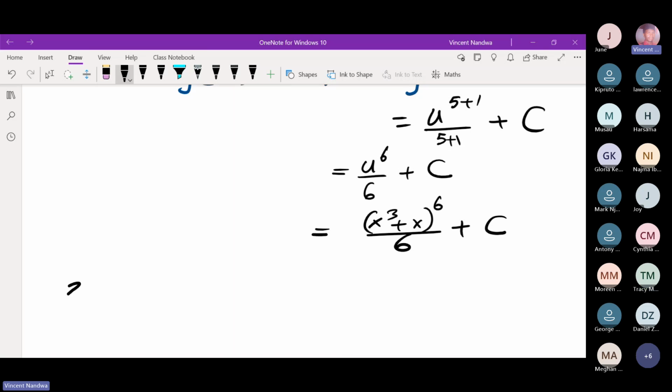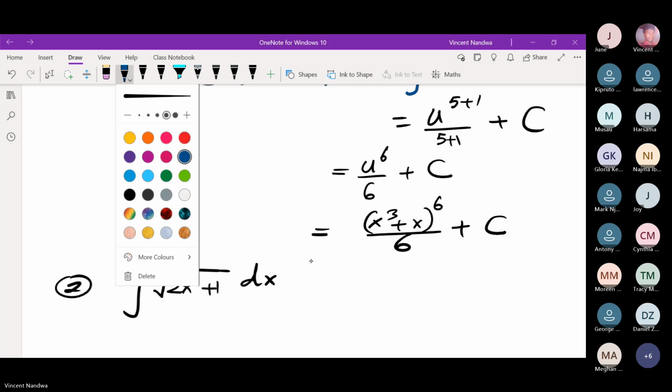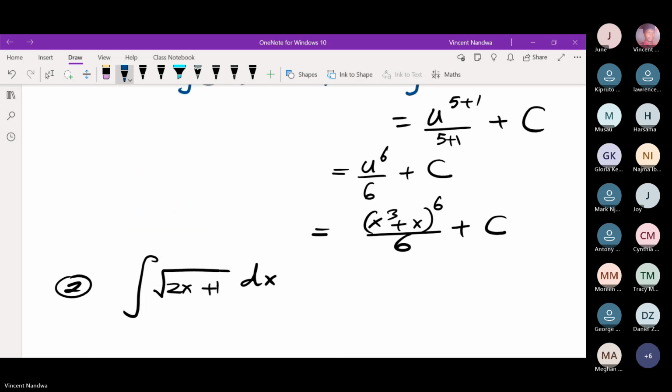Then if that didn't make sense, let's try this one: the integral of square root of 2x plus 1 dx. Who can tell us the starting point?